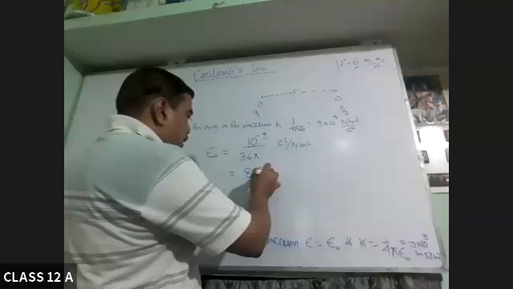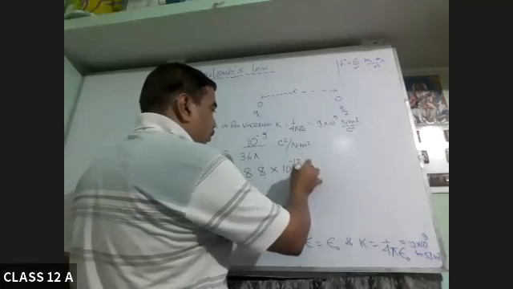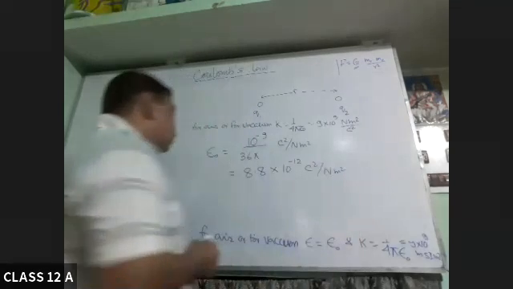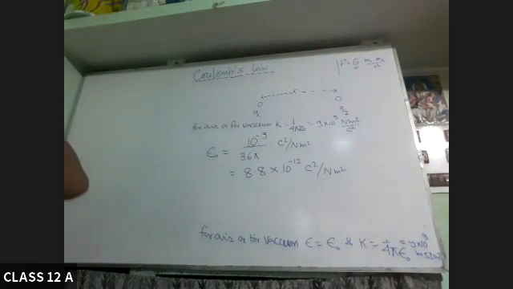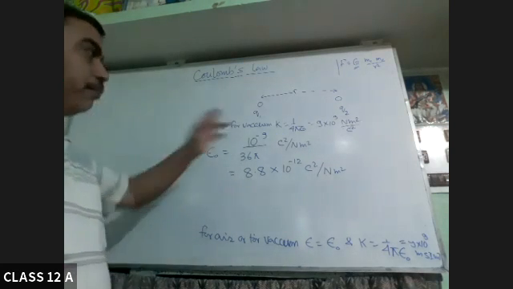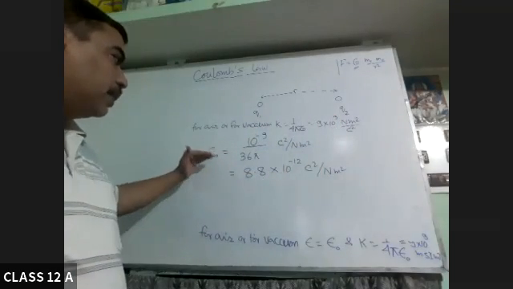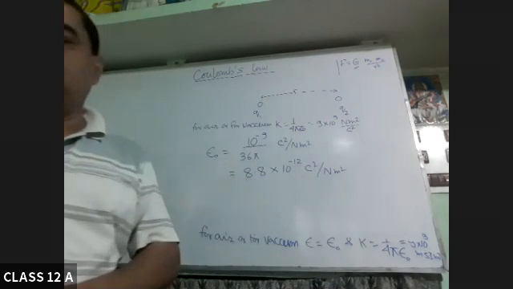Sir, 8.854 into 10 to the power minus 12 Coulomb square over Newton meter square. Okay, so this is the value of epsilon naught. The value of K for vacuum is this much, whereas sometimes we use epsilon naught, then this value we have to use.